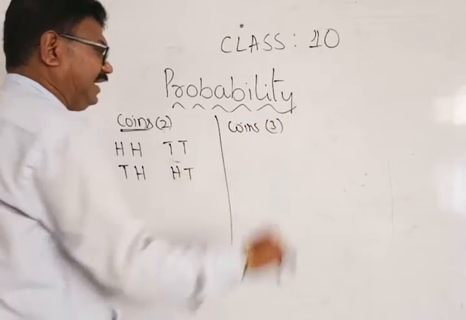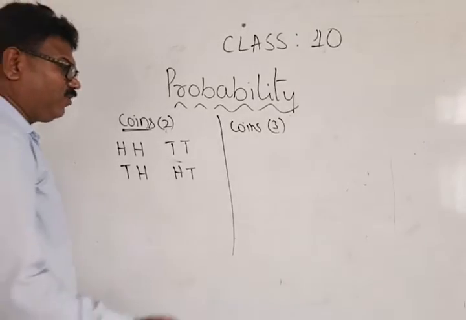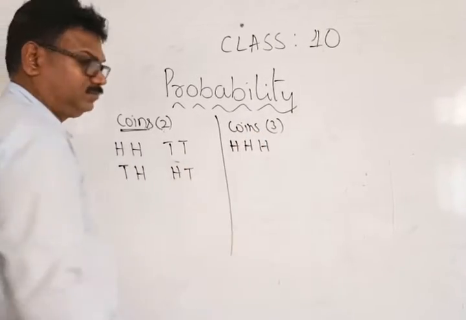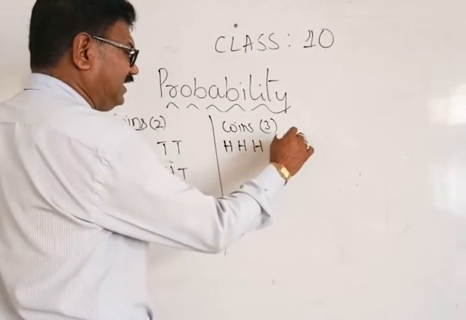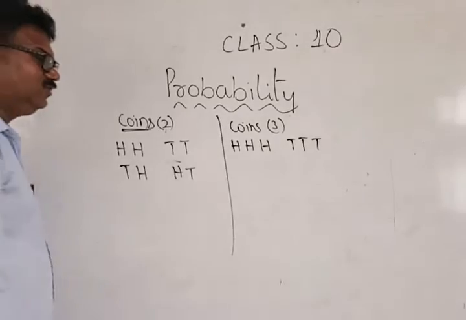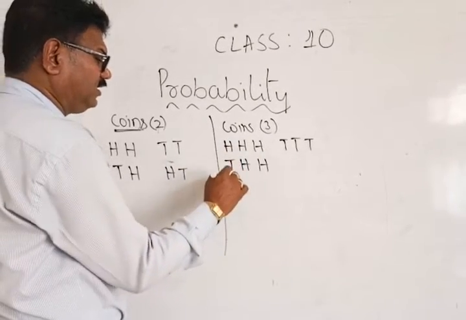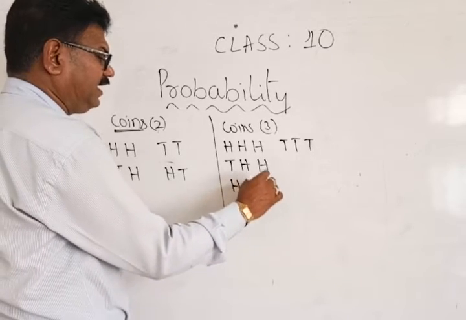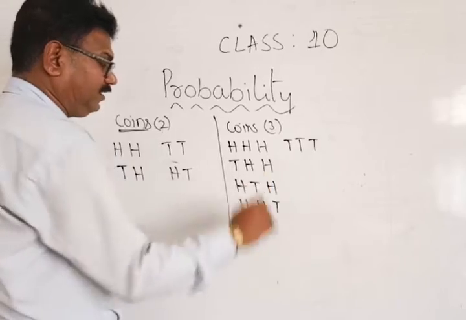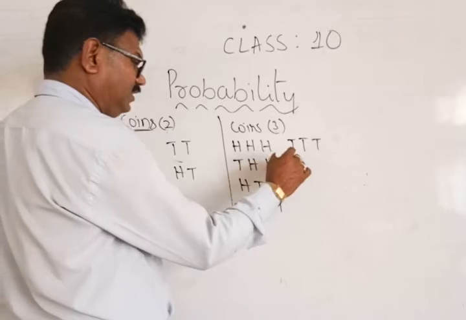Like that only if 3 coins are there. Then very simple, very important. First one, 3 heads. Second one we can take 3 tails. Now change one by one. T, H, H. H, T, H. Second one, H, H, T. Here also same.